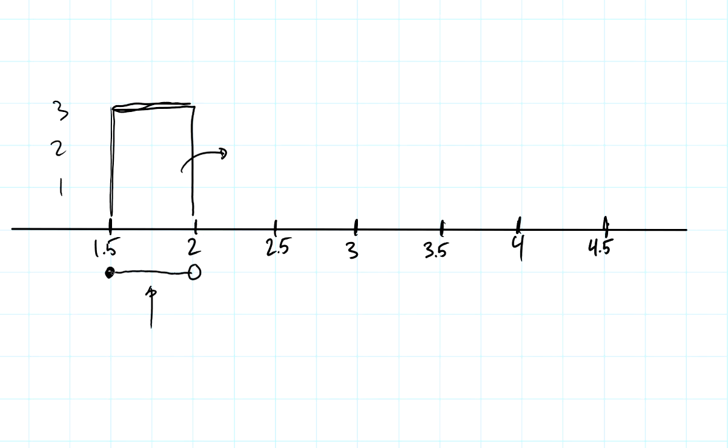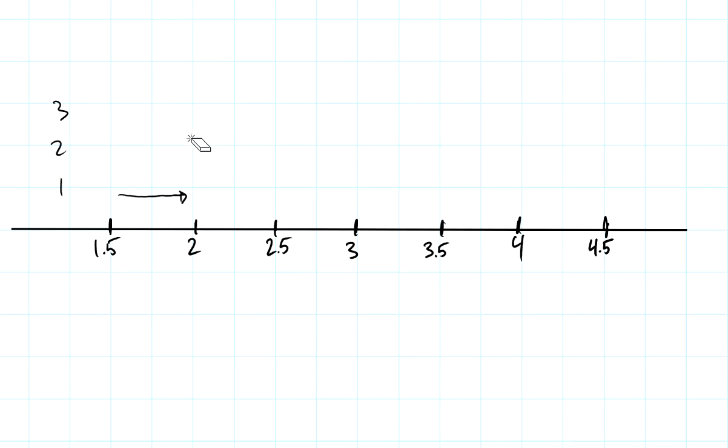So when I say it starts at 1.5, it goes all the way up to 2, but it does not include the 2. So that's why I'm using this open circle here, like we've been graphing inequality. So the 2 is not included in this bin. It would go in the next one up.